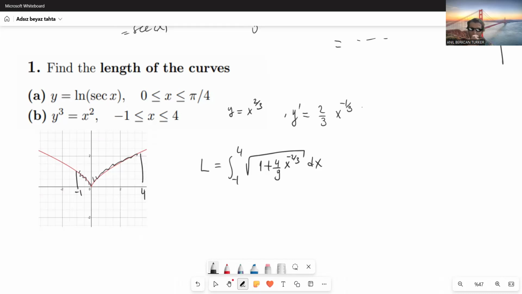Mm, how can we solve it? Maybe you can change the variable. Okay, let me understand.